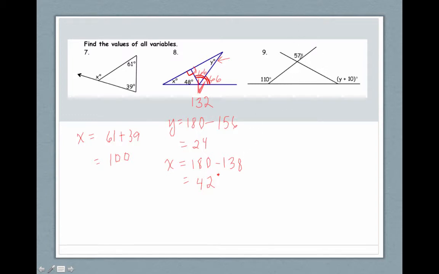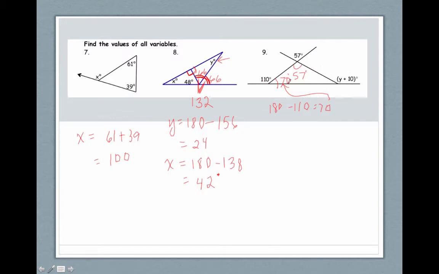Okay, now on this one, 57 is also this one, because these are vertical angles. So this is 57. Because this one's 110, this one's 70, because this plus 110 is 180. So 180 minus 110 equals 70, and that goes there.